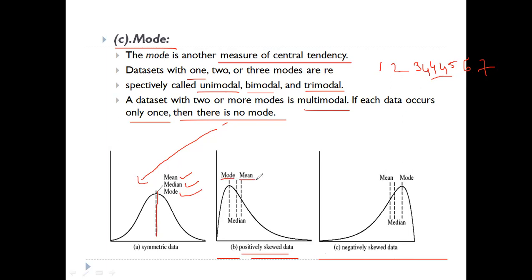And coming to negatively skewed data, the mode value is greater than the mean value, right? This kind of representation is called negatively skewed data. Okay, so that is for multimodal modes.